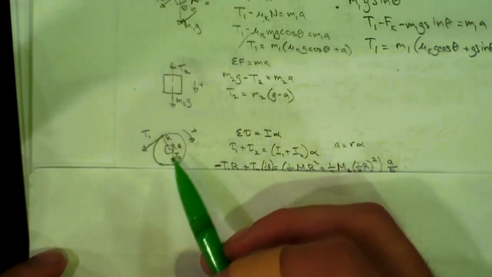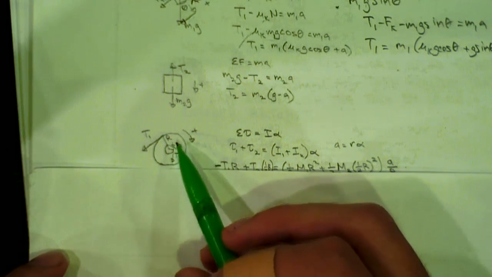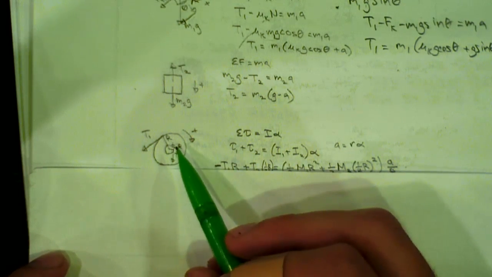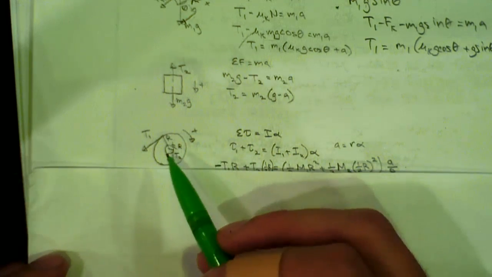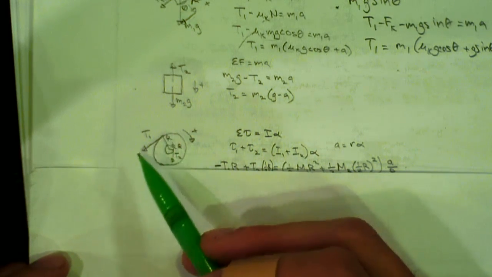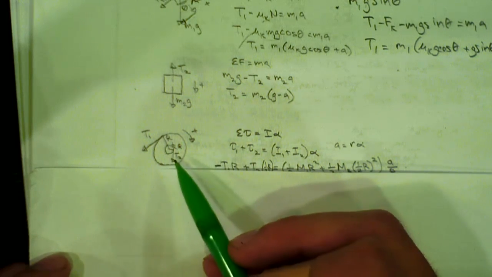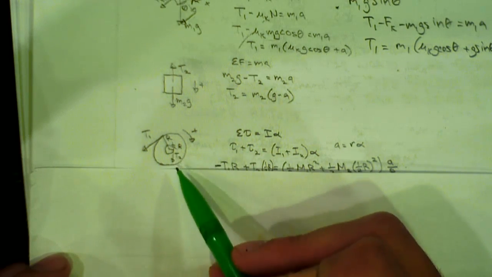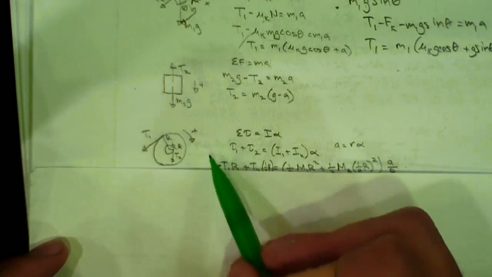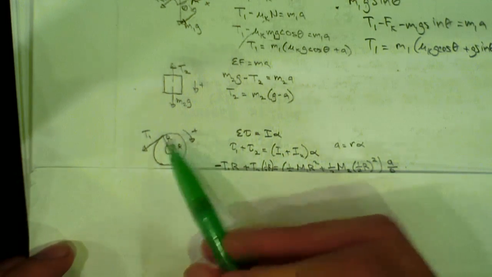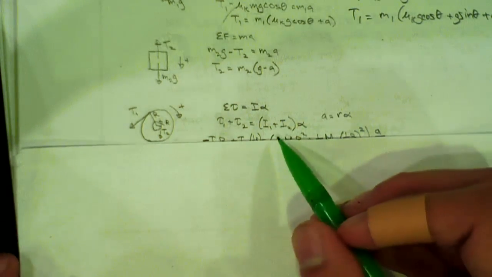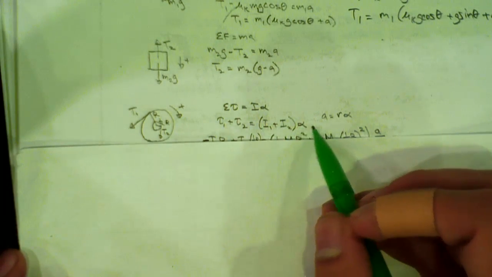So we have two pulleys, both have different masses, and then they both have different radius, or radii. So we have tension 1 acting this way on the large pulley, and then we have tension 2 acting this way on the small pulley. And then our positive direction is clockwise.